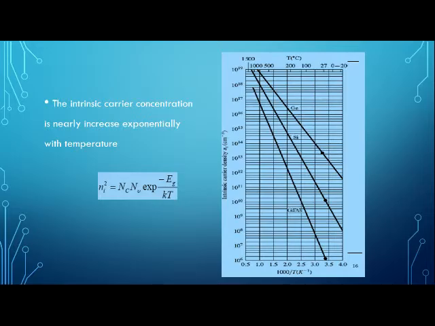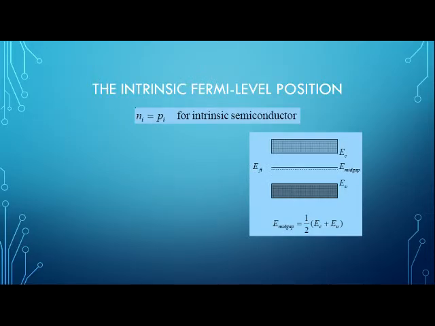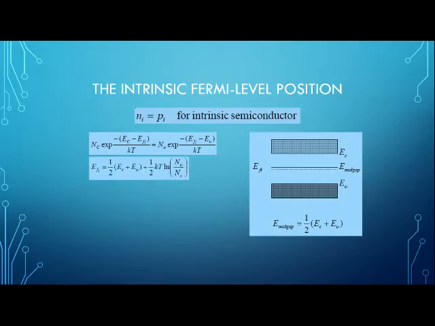The intrinsic carrier concentration increases nearly exponentially with temperature. The intrinsic Fermi level position is in the middle between the energy of the valence band and the energy of the conduction band: EFi equals 1/2 (Ec plus Ev) plus 1/2 kT natural log of Nv over Nc.